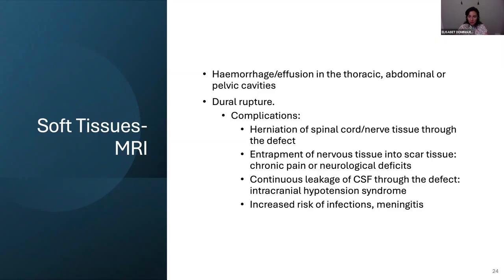And this is important because these animals may have complications associated with a dural rupture, mainly herniation of the nervous tissue through the defect. Sometimes it can also be entrapped in scar tissue and may cause chronic pain and neurological deficits. In human medicine, there are also descriptions of continuous leakage of CSF through the defect, and it can also have an increased risk of infections and meningitis.